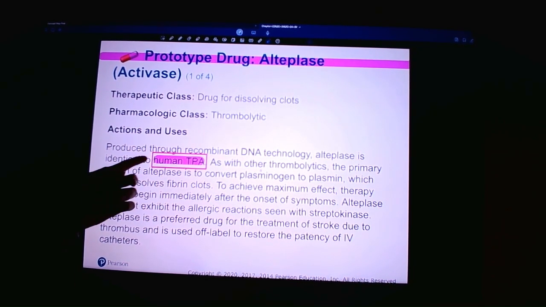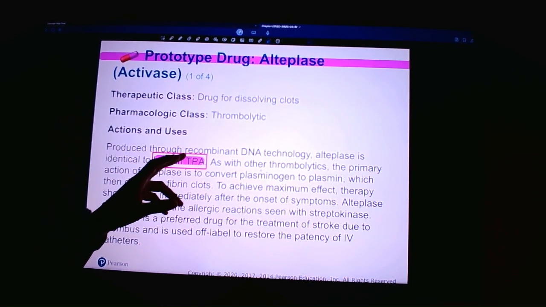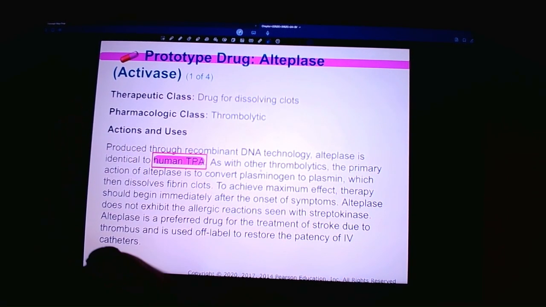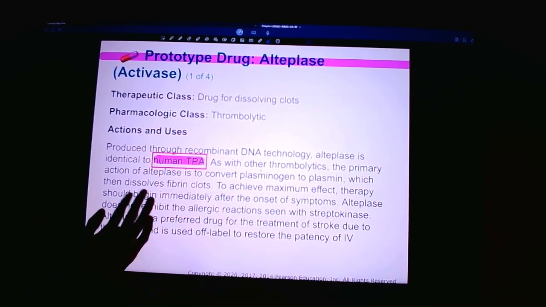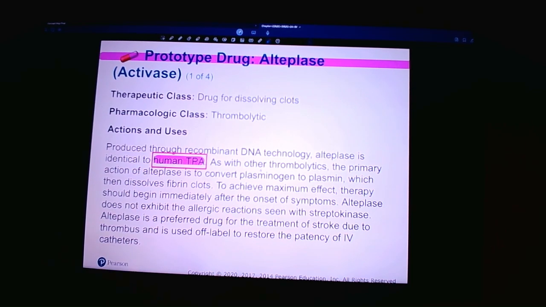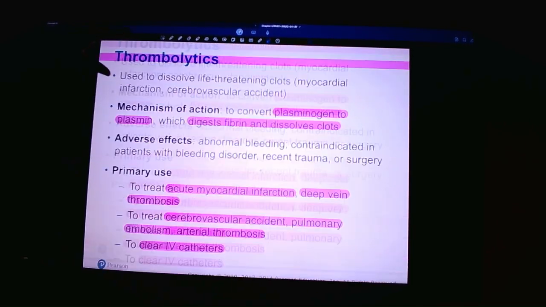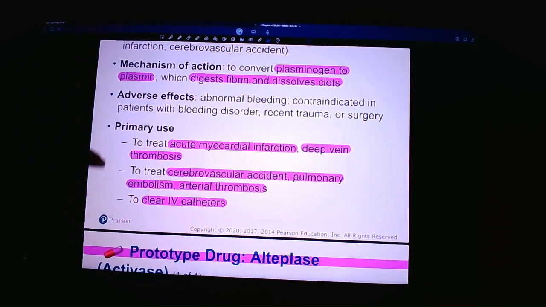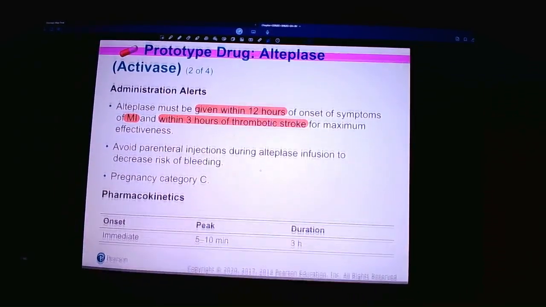Human TPA, there it is. Look, it's just genetically recombined in order to mimic it. It's a TPA, right? Again, actively dissolves clots. That's it. And this is just basically referring to this right here. So it's just review. So we can move on.